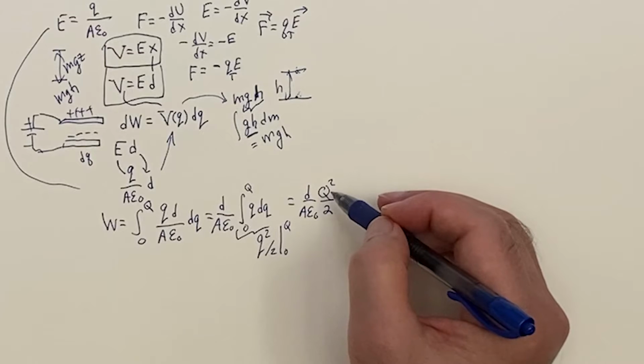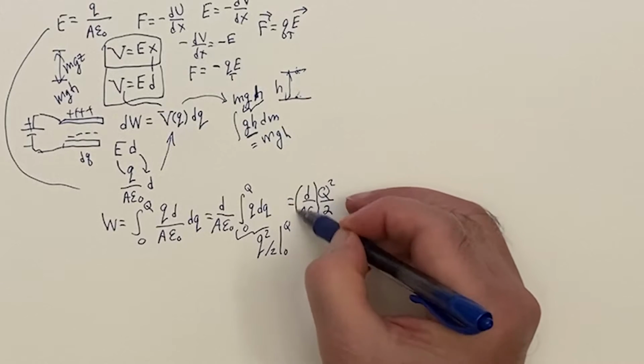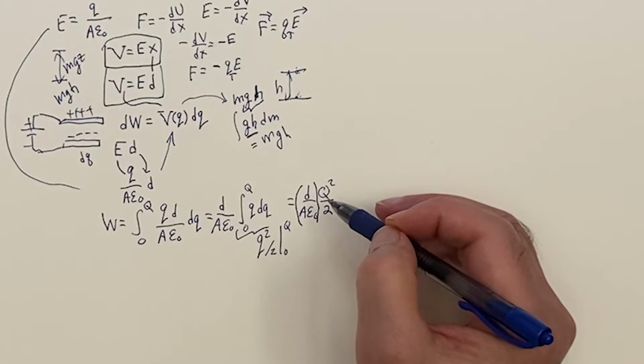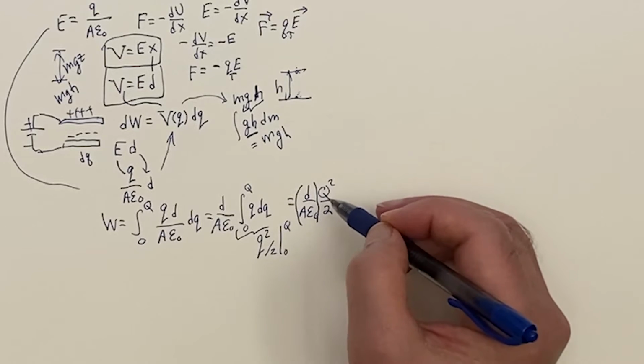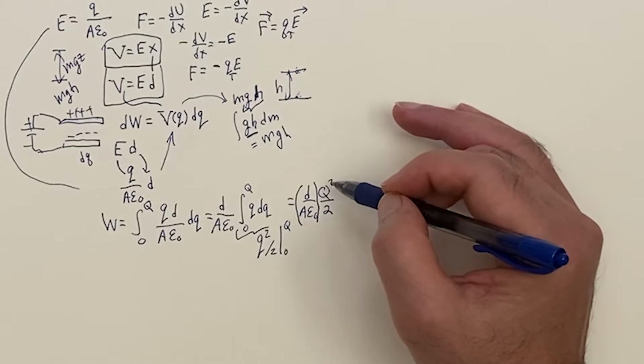So that's the energy that we have used to build up this electric field in between the two plates, which is going to be useful when you're looking at the electromagnetic field in a region. So I like to get this in terms of the electric field.